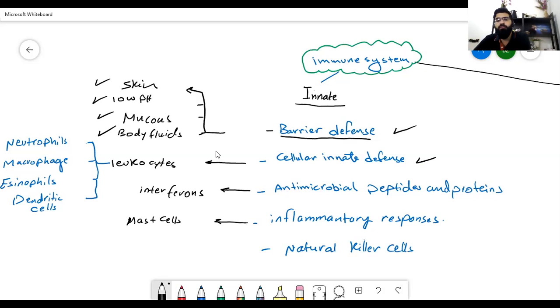From the name, you can see this non-specific defense is done by cells. What are the cells that do this kind of defense? Leukocytes, a kind of white blood cells. Okay, let's see what these cells are and what they do.